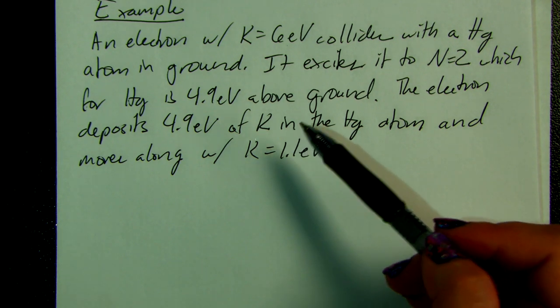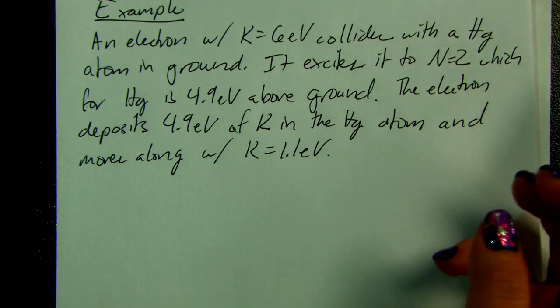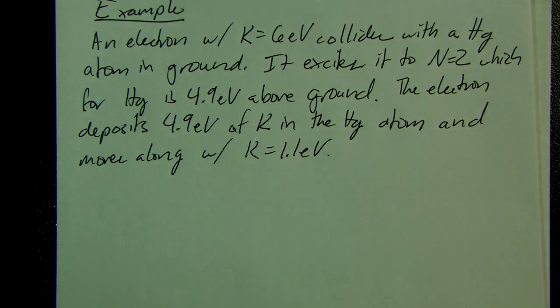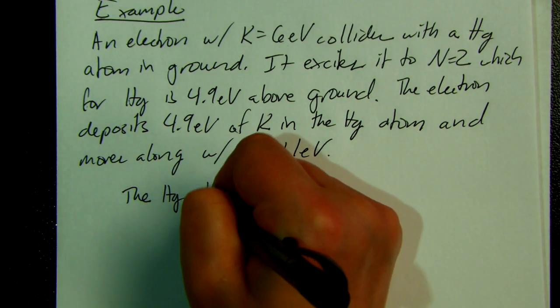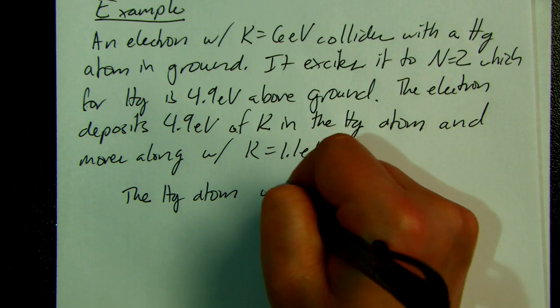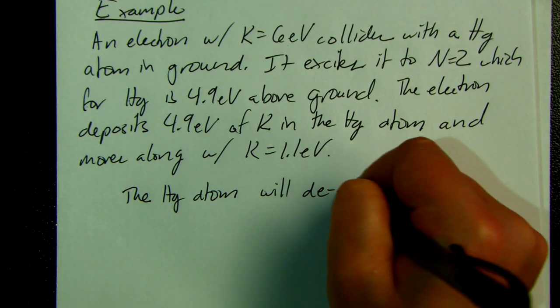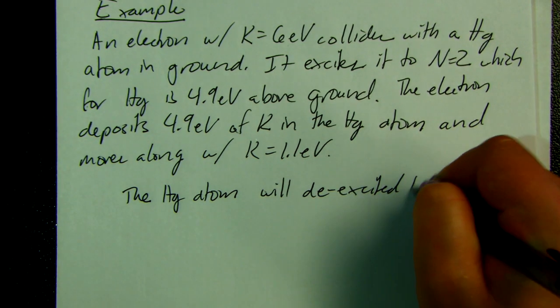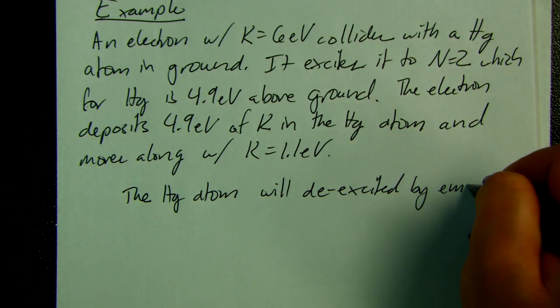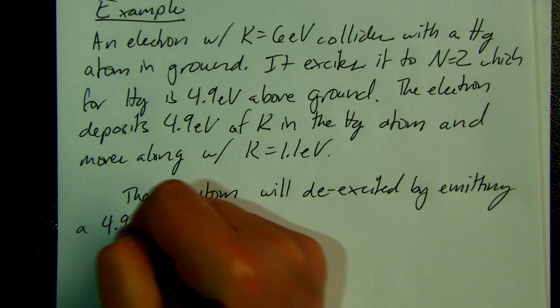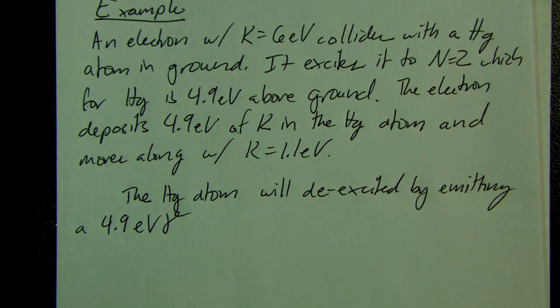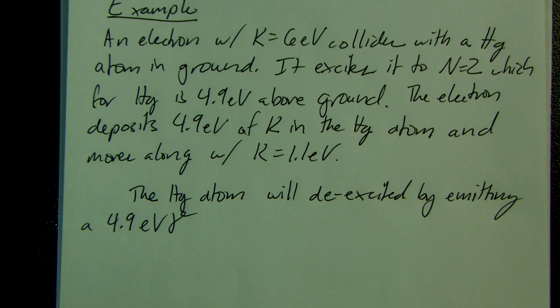Now you might ask, what about that mercury atom? What's going to happen to that? Atoms do not like to stay in excited states, so eventually the mercury atom will de-excite by emitting a 4.9 eV photon. That's right, atoms are light producers.